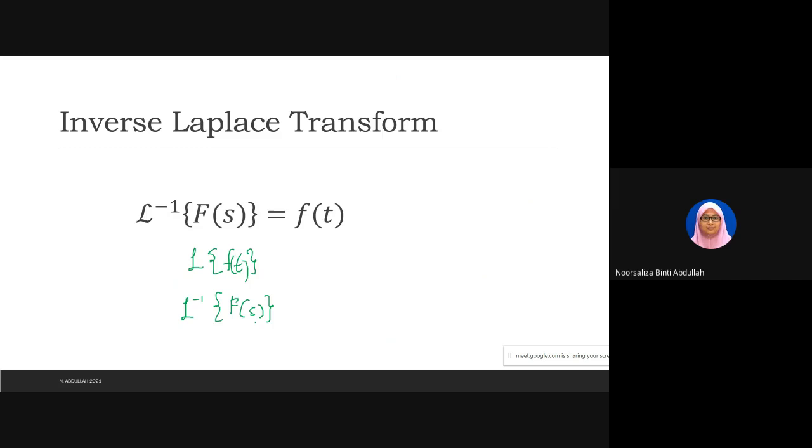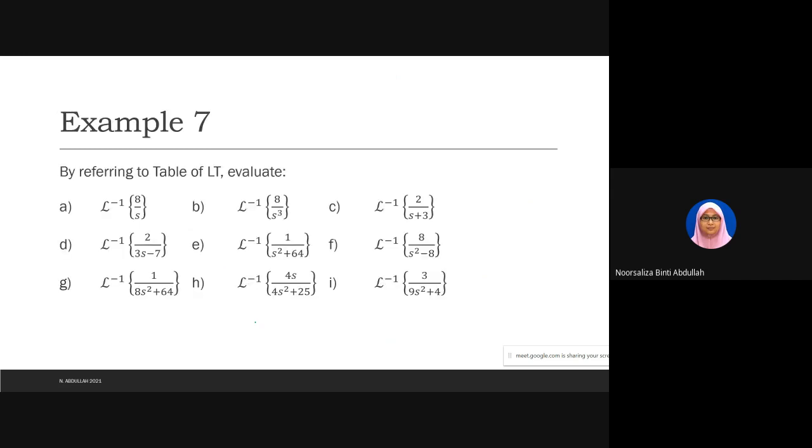Okay, so how you want to do the inverse is, okay, actually it's very easy. Okay, here, okay, look at example 7. Okay, so by referring to table of Laplace transform, you have to evaluate all this signal. Okay, the first signal is A over S. Okay, so what you need to do is you have to refer to this table.